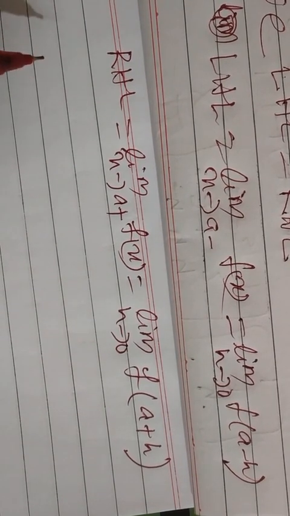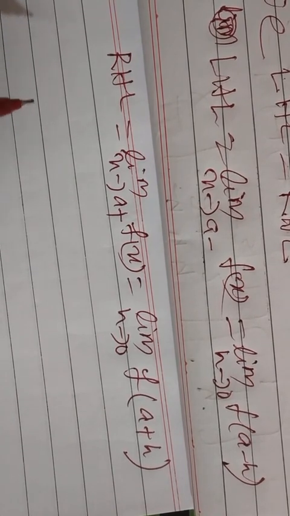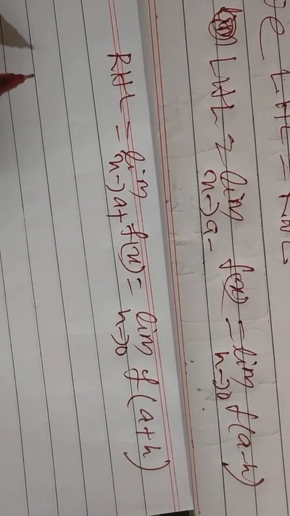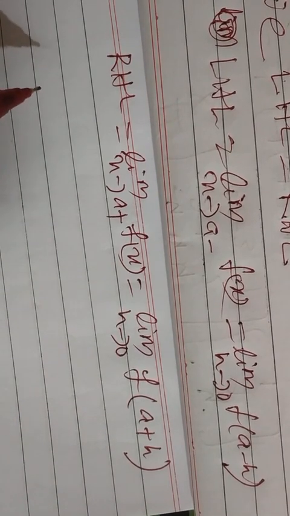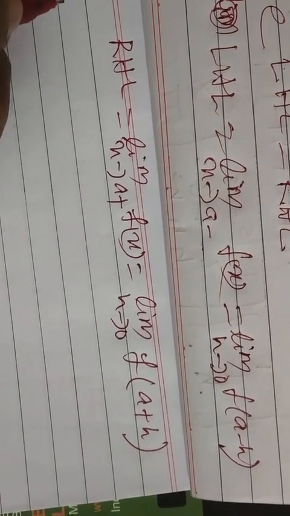If the function is defined differently in different intervals, in that situation there is a chance of non-existence of limit. Okay, so you have read this much in your class 11.